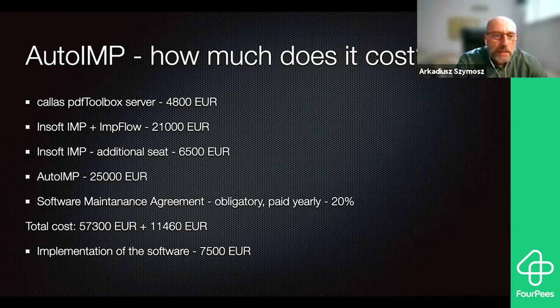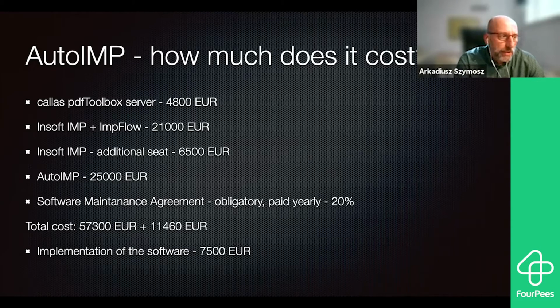Then there is an additional InSoft IMP seat, which is used for the DTP department, who will use IMP to make some modifications in generated layouts. For example, it could happen that the A4s are placed on the layout in a way that is very hard to print on the offset machine.